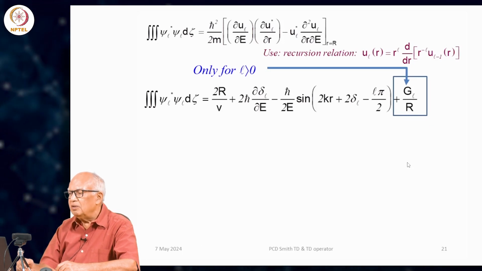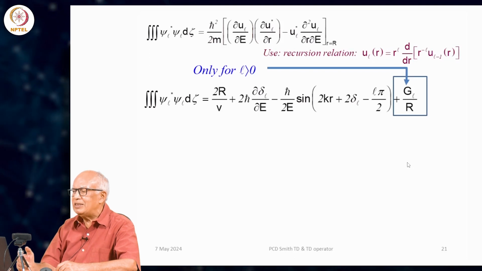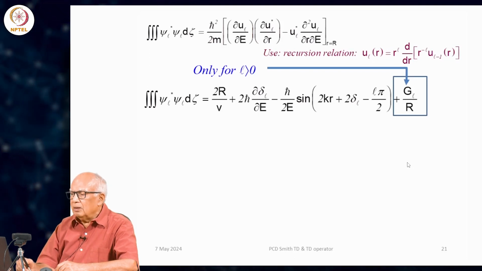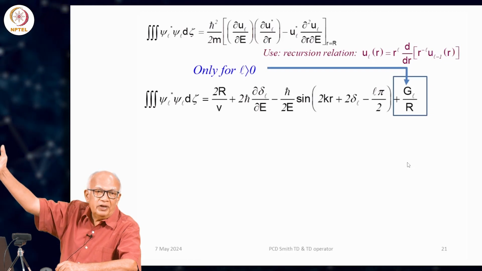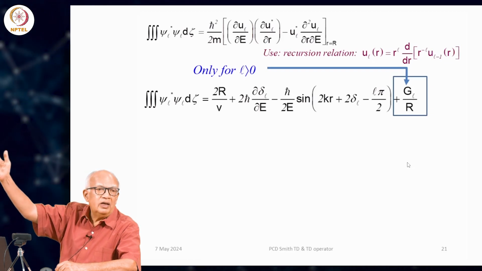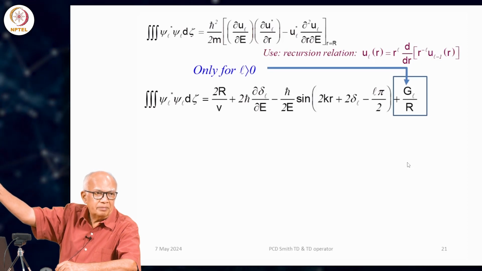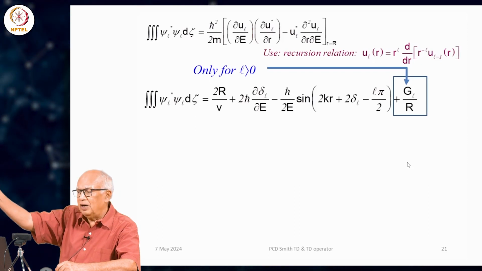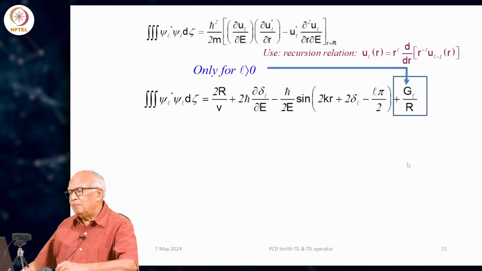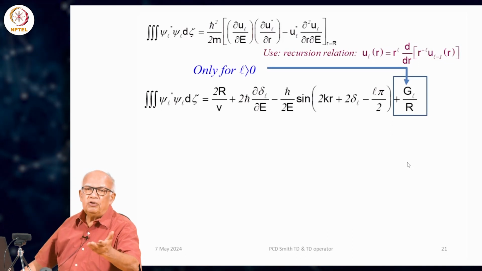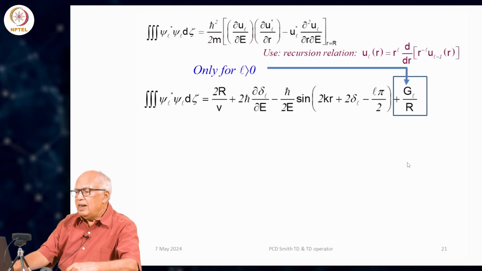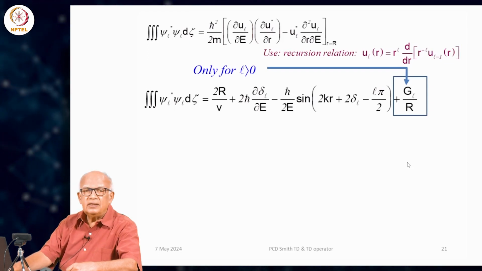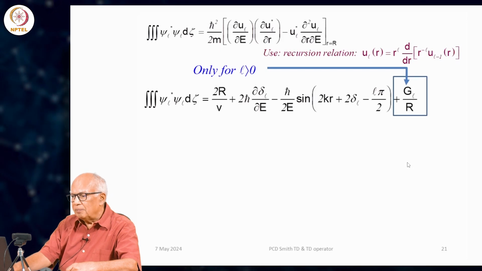For L equal to 0 you do not have that term, but it does not matter, because we will be interested in the asymptotic limit in which capital R goes to infinity and g over r will anyway go to 0. But for L not equal to 0 it is there, and one should keep track of that.